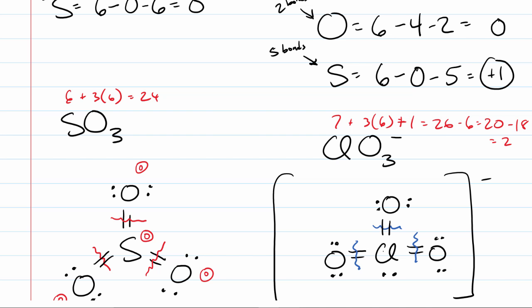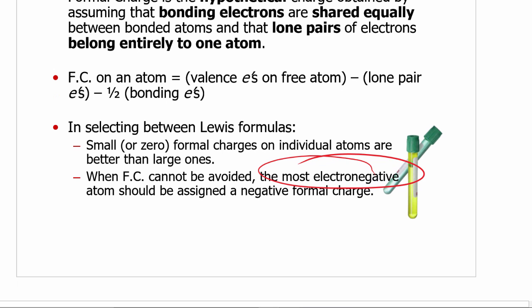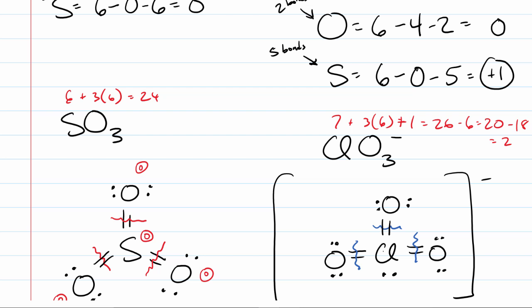Well, if we come back to our rules for formal charges, we say that if we had to select between them, when formal charges can't be avoided, the most electronegative atom should be assigned a negative formal charge. If you compare the electronegativity of oxygen to chlorine, which one is larger? Oxygen. So if there's going to be a negative formal charge, that negative formal charge should be assigned to which element? Oxygen. So is this a correct structure? No. How could we make it correct?